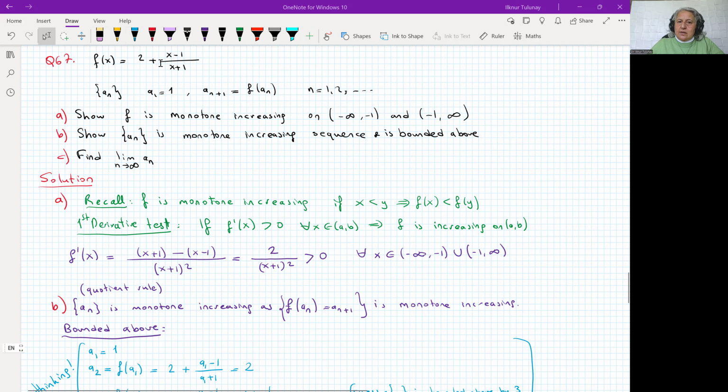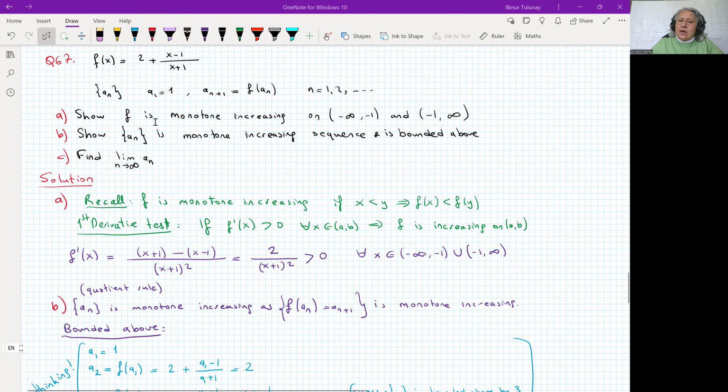f(x) is defined as a function, and a_n is a recursively defined sequence. The sequence starts with a_1 equals 1, and a_(n+1) is defined as this function evaluated at a_n.